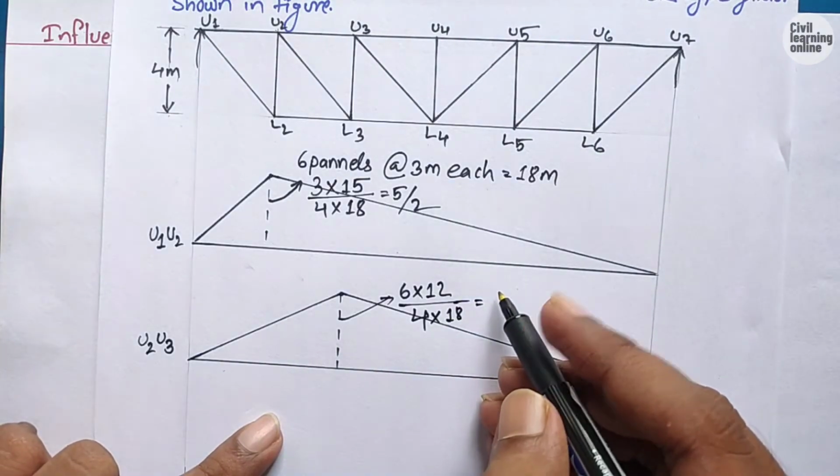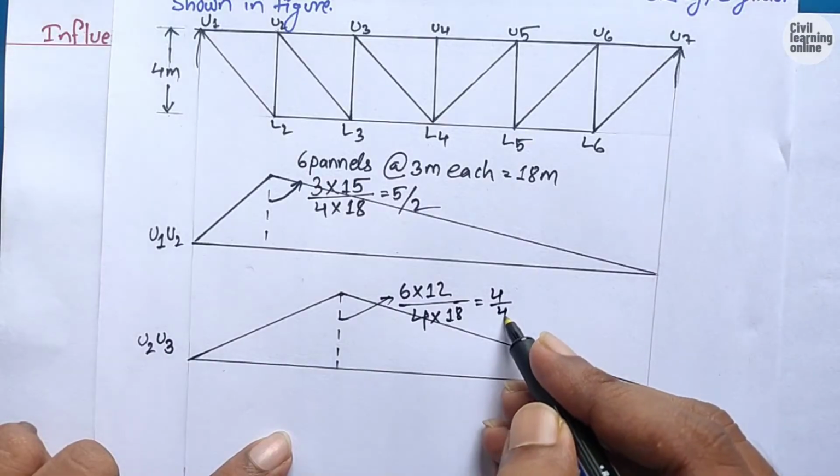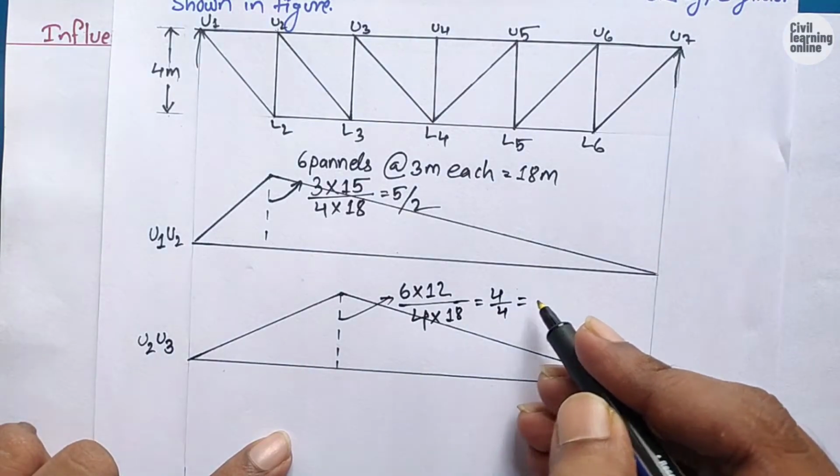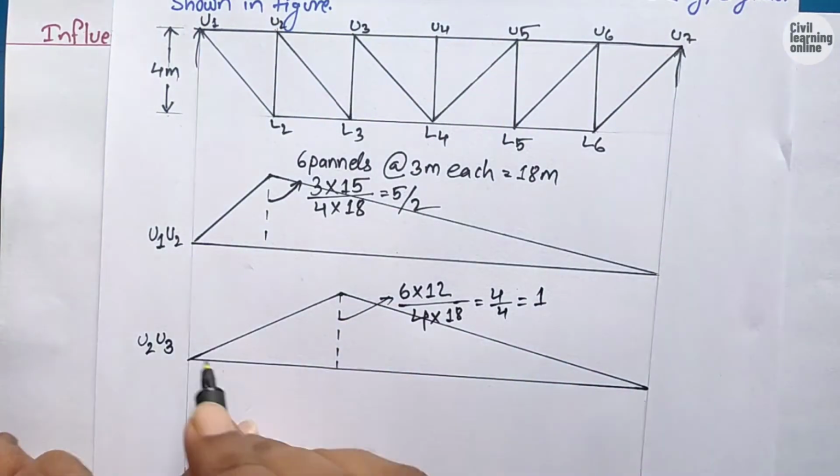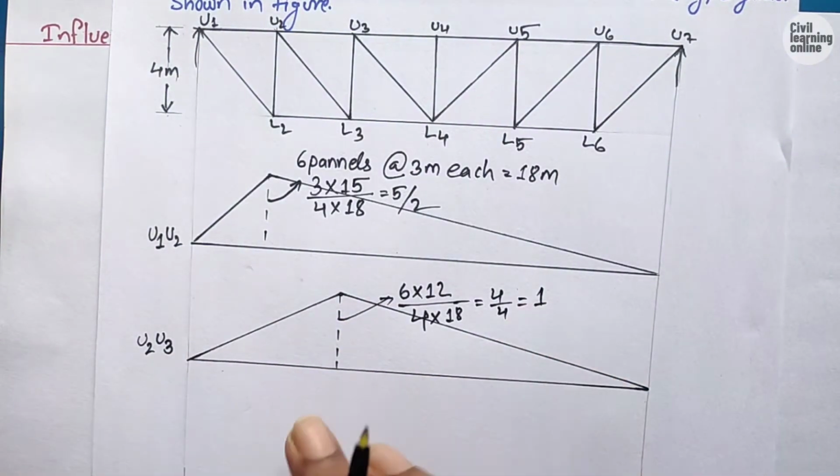From here we will get 4 upon 4, which equals 1, meaning the height of this influence line diagram for U2 and U3 is going to be unity.